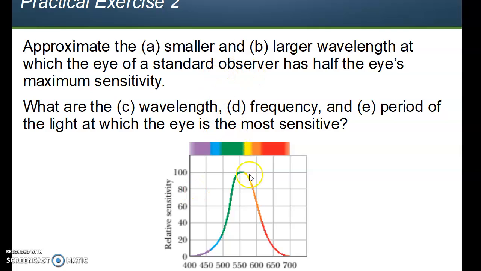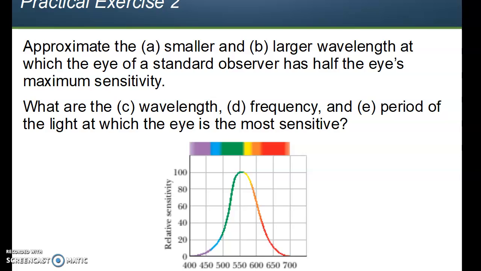So the wavelength, frequency, and period where the eye is most sensitive, as I mentioned, part C, is going to be at 555 nanometers. And since frequency equals c over lambda, that's going to be 3.0 times 10 to the 8th meters per second divided by 555 times 10 to the minus 9th meters.